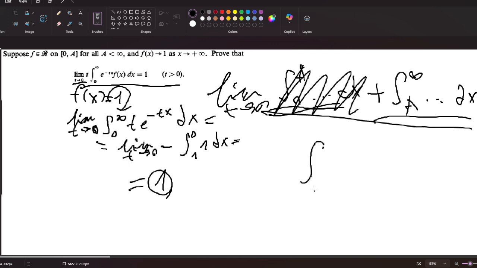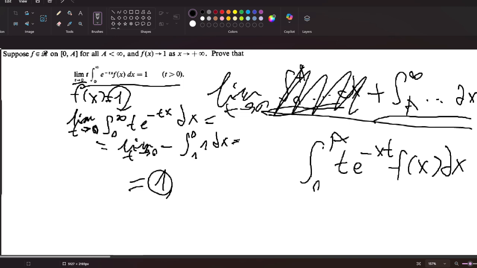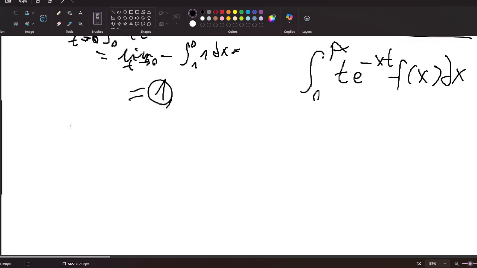let's go ahead and write it down. So we have the integral from 0 to a of t times e to the power of minus xt f of x dx. And now the thing is that e to the power of minus xt is always less than or equal to 1 and greater than 0.